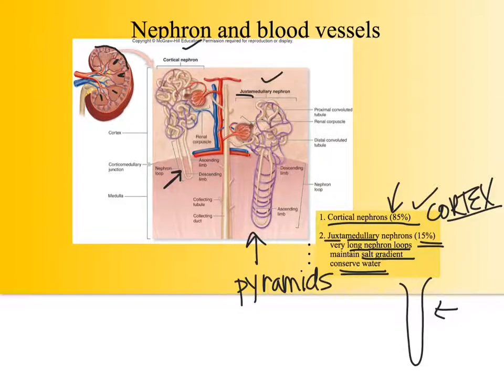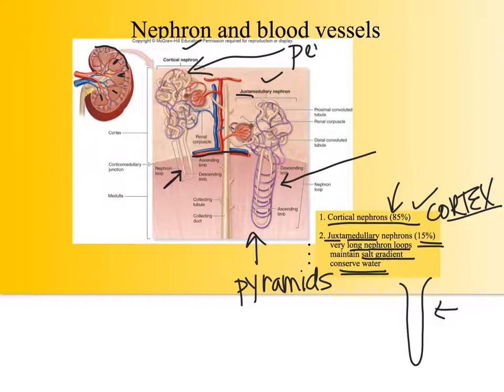Now, another thing I want you to see, the blood vessels that are around there. Here's the artery that's going to be taking blood to the kidneys and to the glomerulus. And these are the veins that'll be bringing it back. There are blood vessels that are going to be wrapped around these. Some of them, the ones up here, I thought would be labeled on this picture, but they're not.